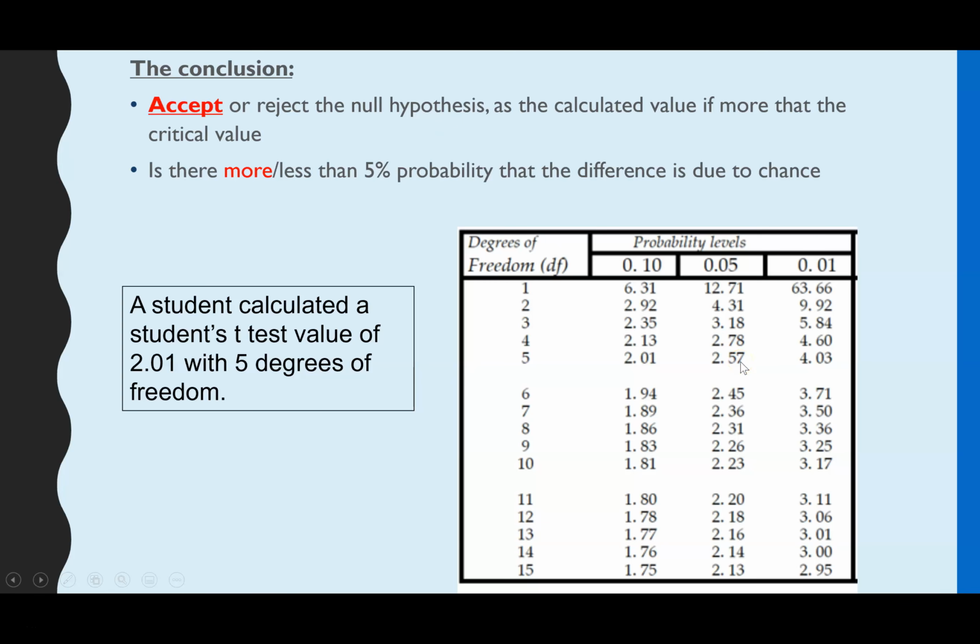So that means that it is not a significant difference, and therefore we have to accept the null hypothesis that there is no significant difference between the two means. And that's because if it doesn't reach that threshold, it means we must have more than 5% probability that the difference between the two means is due to chance. So we can't be 95% confident.